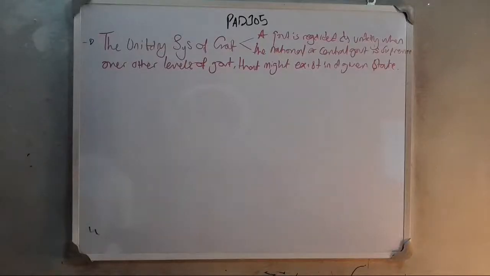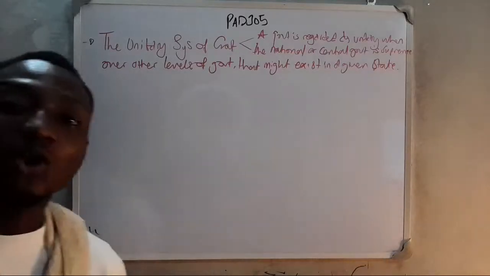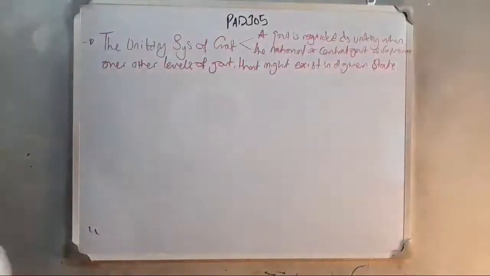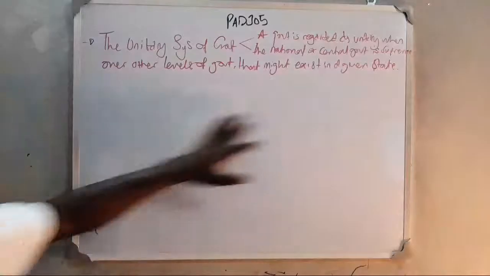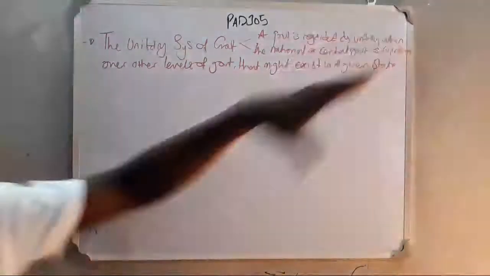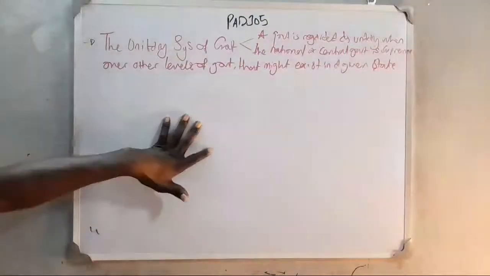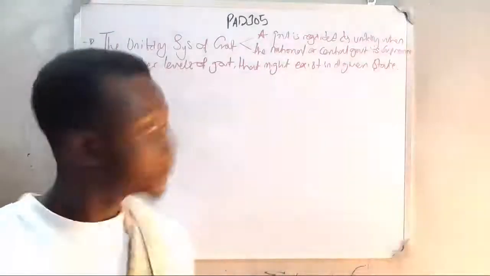A particular government is central, and it is supreme. That central government of a particular state is supreme over every other level of government.